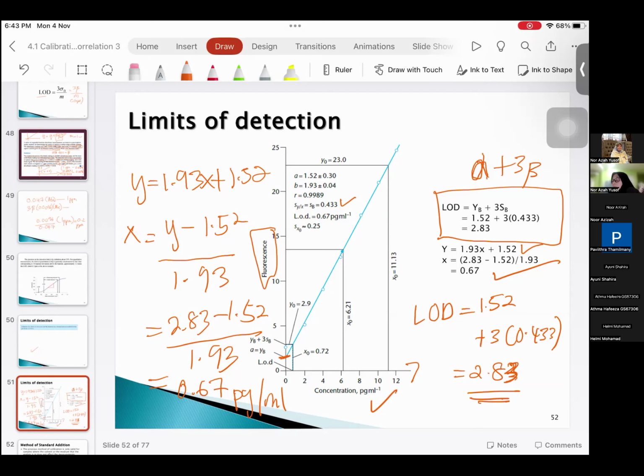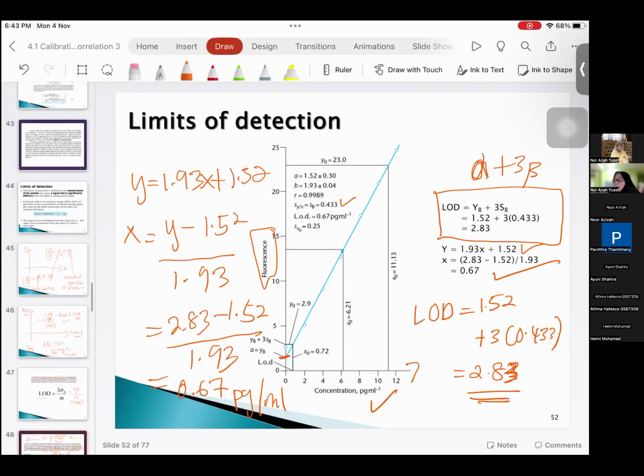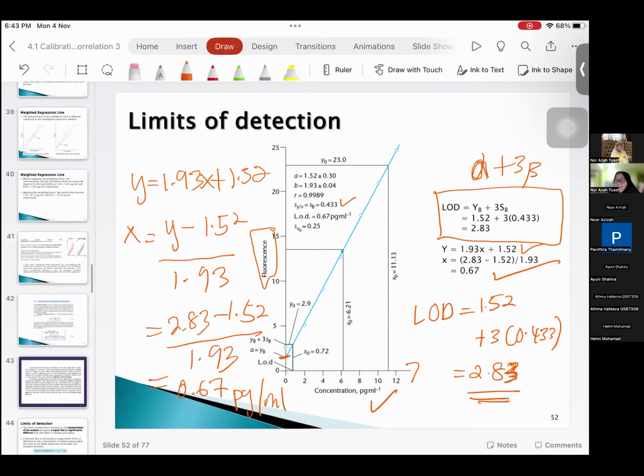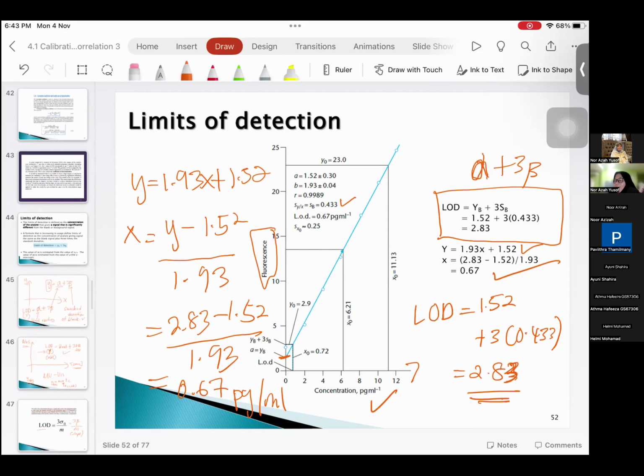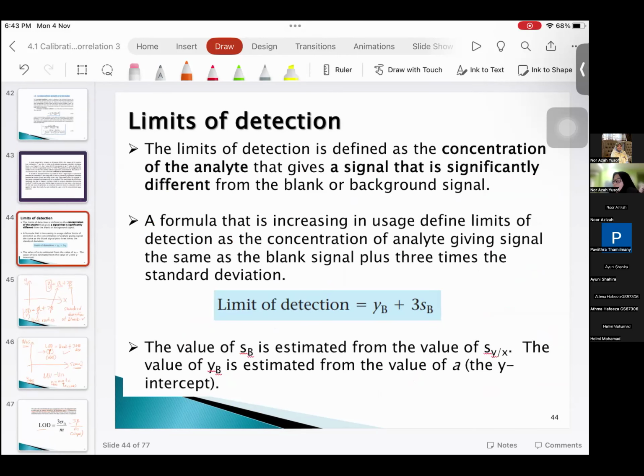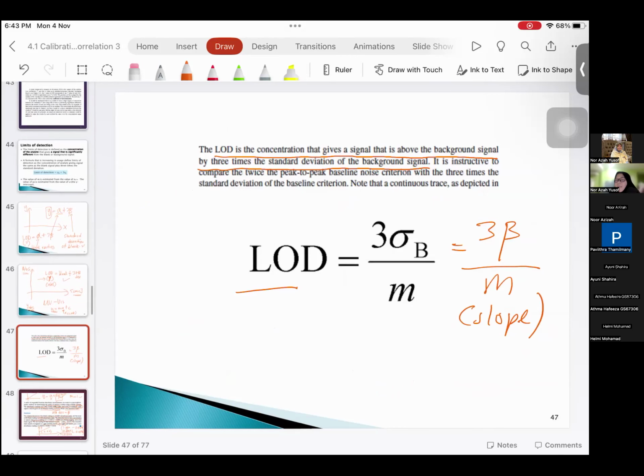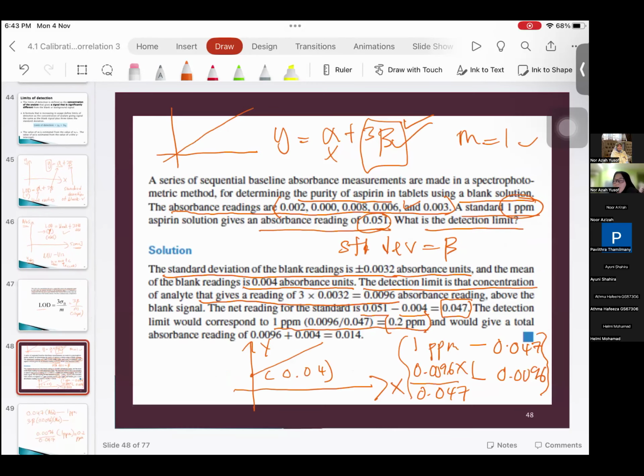So I have shown you a few formulas. This is the first formula, and this is the second formula. And this example is actually another formula, where Y is the limit of detection starting from 3 beta only.